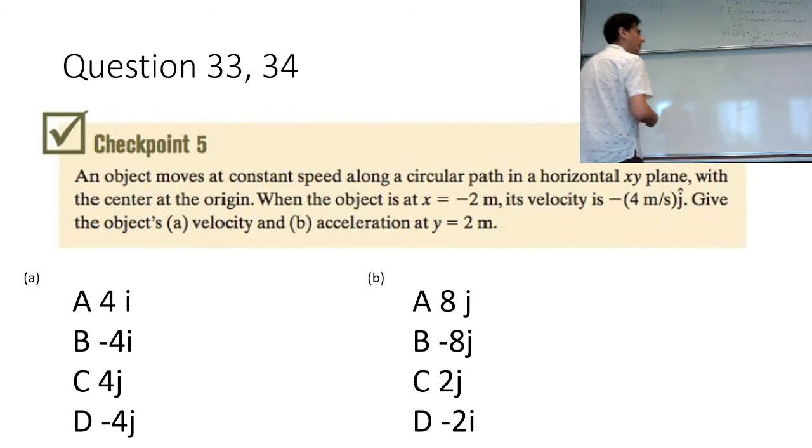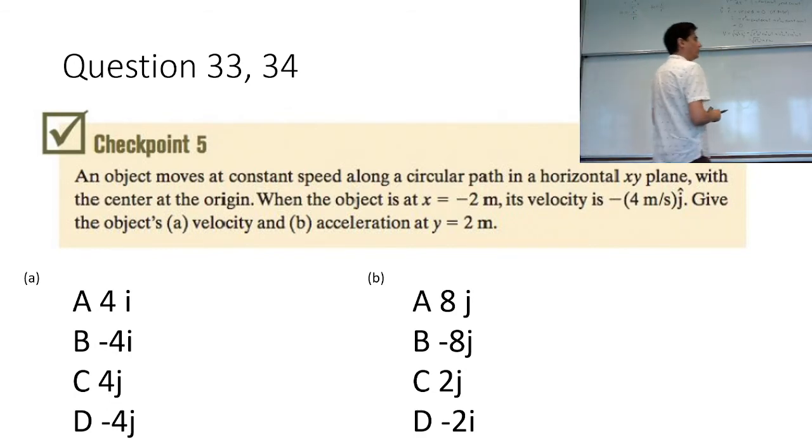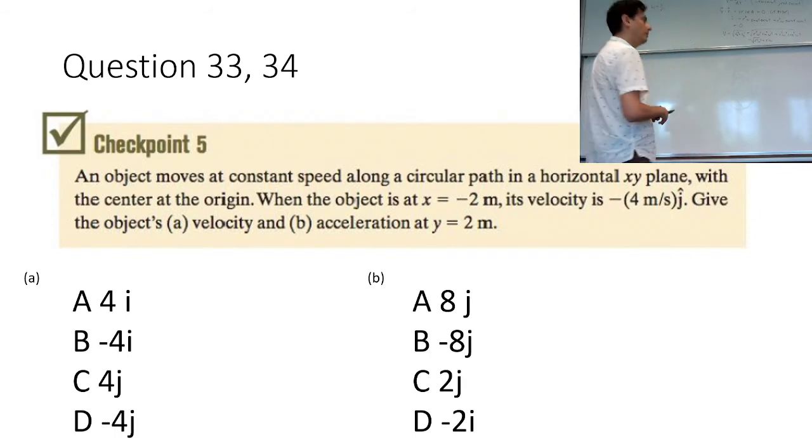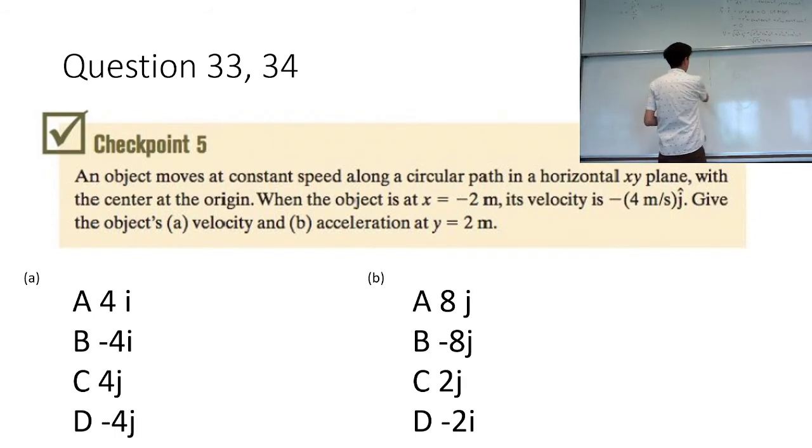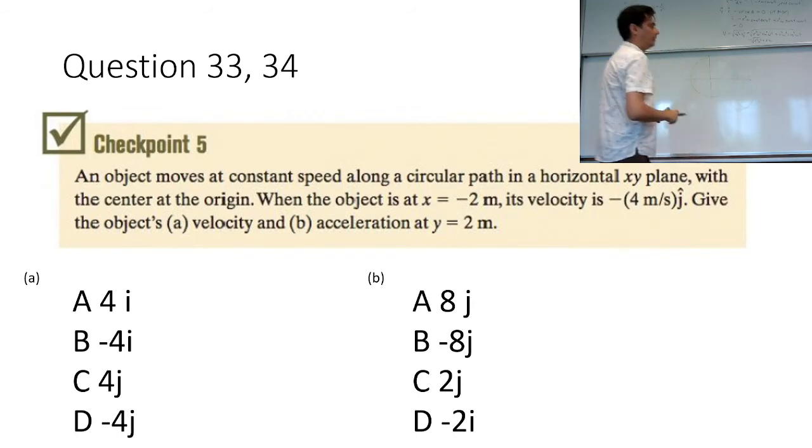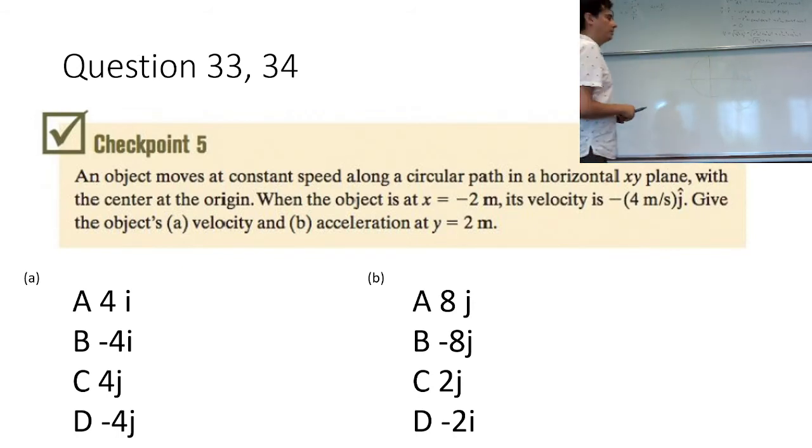So let's draw a diagram. The object moves at constant speed along a circular path, so origin, circular. The object is at -2 meters, and the velocity is -4 meters per second j.